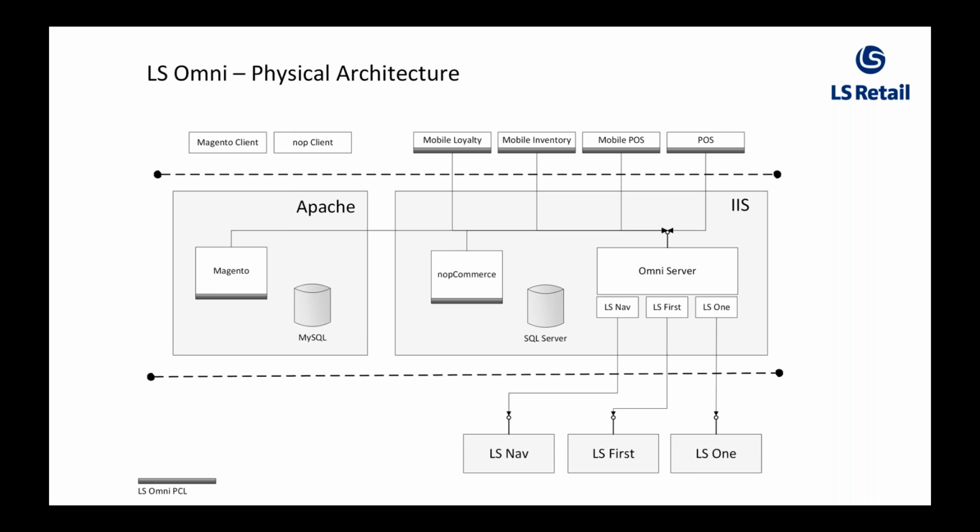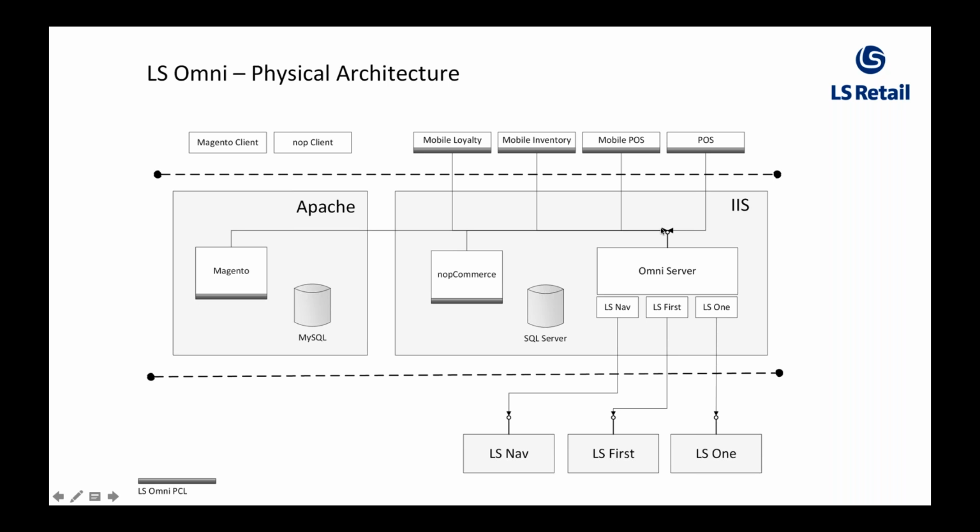So all customer-facing solutions are open source to the partners, and what we are licensing there is the API or the web service interface that these apps consume here on the Omni server, the API that I'm circling here with my mouse.